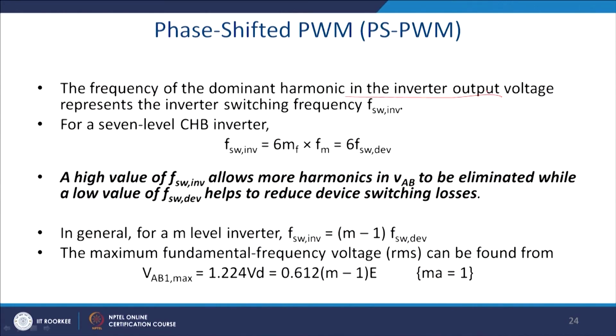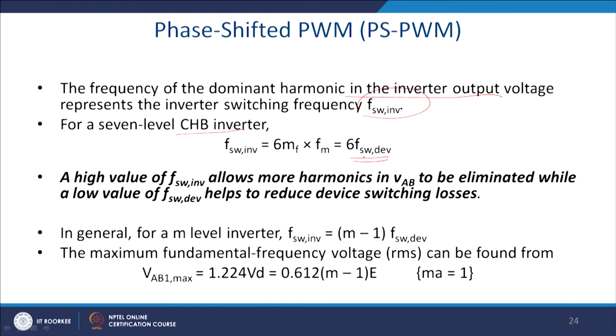Now, the frequency of the dominant harmonic in the inverter output voltage represents the inverter switching frequency, that is 5 kilohertz or 10 kilohertz, whatever it may be, and for the 7 level CHB you will shift it 6 times. So, it will be 6Mf into Fm, that will be 6Fsw. So, that is the advantage of it.